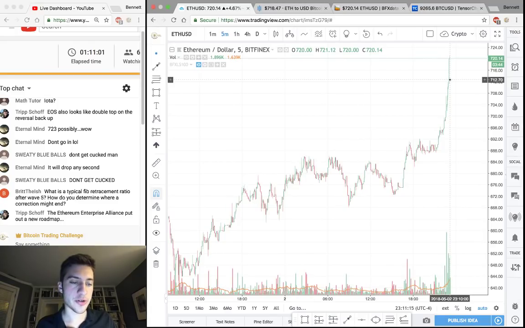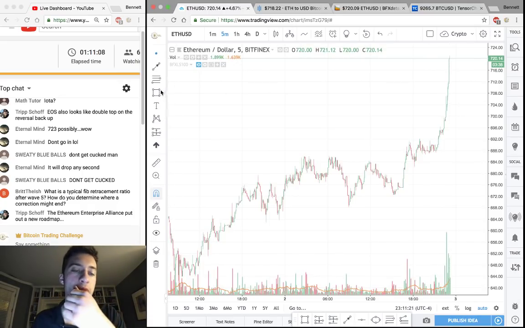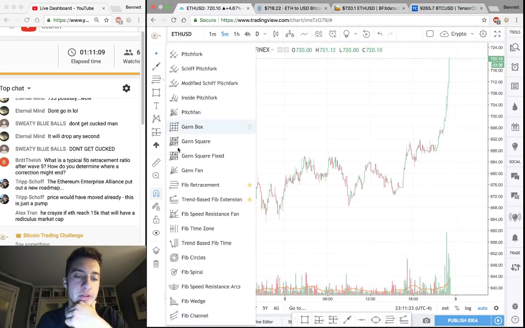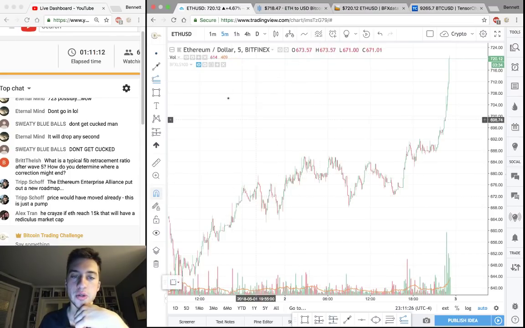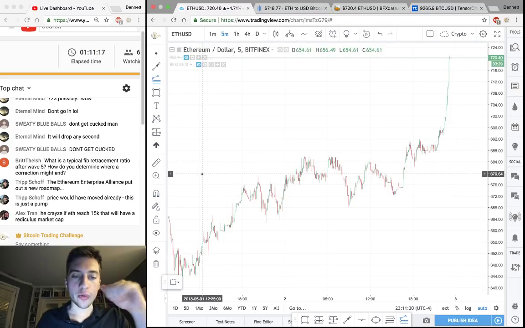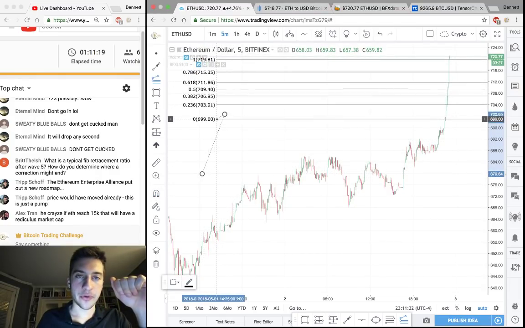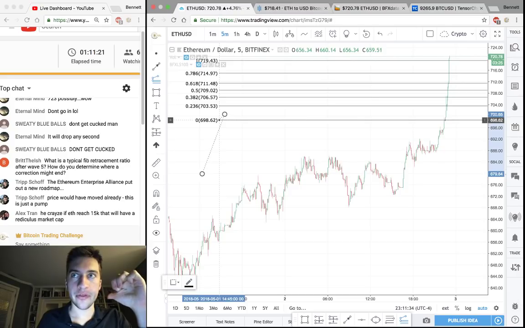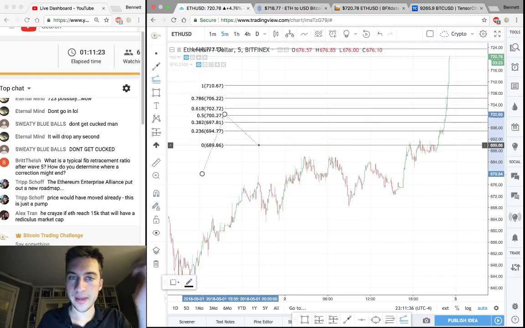The typical Fib retracement ratio after wave 5, how do you determine where a correction might end? Well, when you're doing Elliott wave theory, you're going to be using this tool, not the Fibonacci retracement tool. You're going to be using this one here, trend-based Fib extension. What you do with that is you draw on wave 1 and you isolate the distance of wave 1. And then you want to draw that onto either the origin, the beginning of wave 3, or the beginning of wave 5.